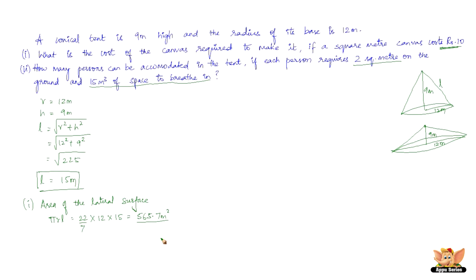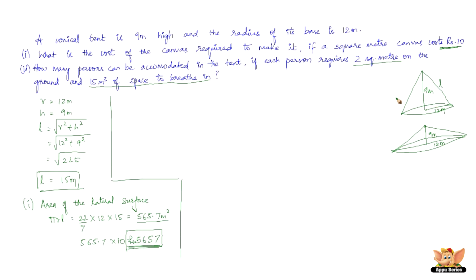So how much does 565.7 meters square cost? It's nothing but 565.7 meters square into 10, which is 5,657 rupees. So the cost of the canvas required to make it is rupees 5,657.